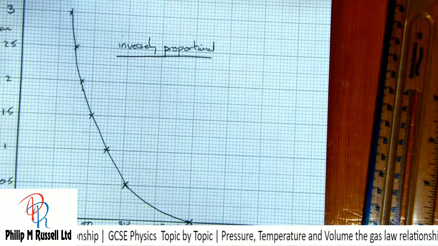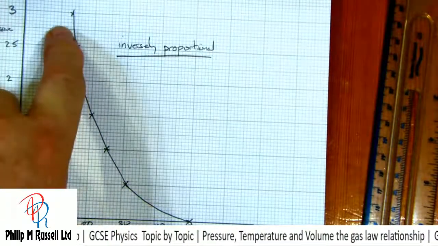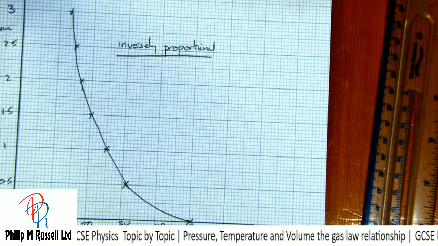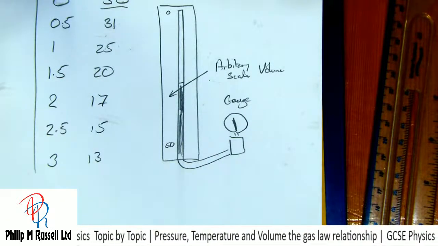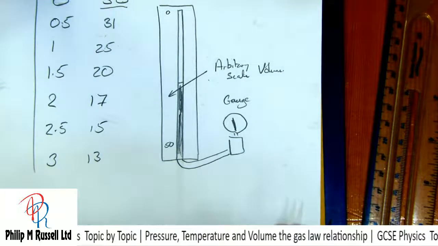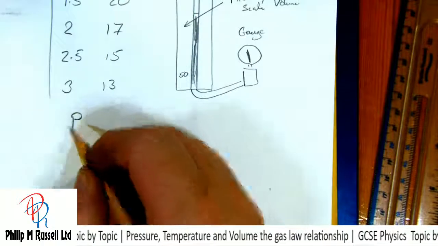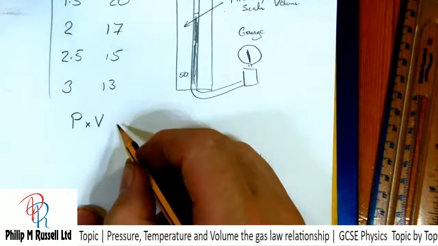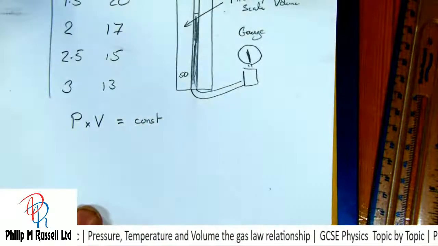So as the pressure increases, the volume is decreasing. We can look at some values about this because there is some sort of relationship. And our relationship is that pressure times the volume basically equals some sort of constant.